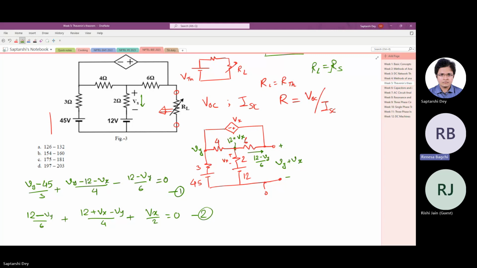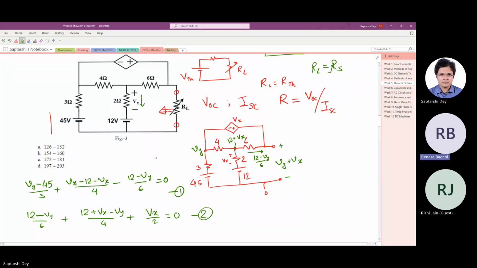It will be V2 minus V1 by 4 plus V2 minus 12 by 2 plus V2 by 6 equal to 0. And V1 plus V2 is equal to 12. Wait. Your V1, V2, and my Vy, Vx look like they do not match. Can you match your equations with them? I have marked Vy and Vx in the circuit. Which one is V1 in your case?